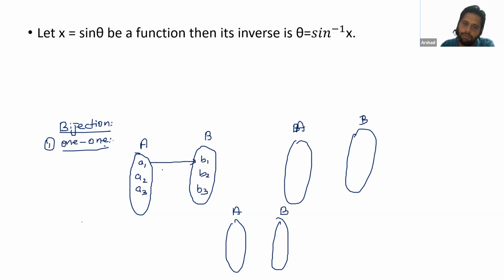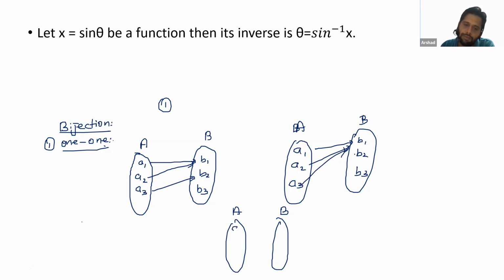A1 image is B1. A2 is also this one B1. Then A1, A2, this is the first one. Next, A3, you have B1, B2, B3. Then A1 with B1, A2 with B1, A3 is also with B1.